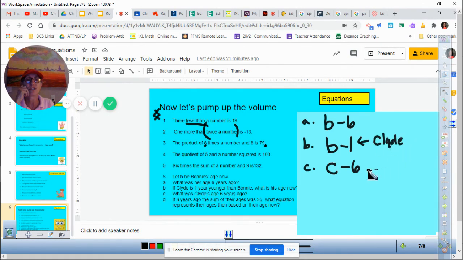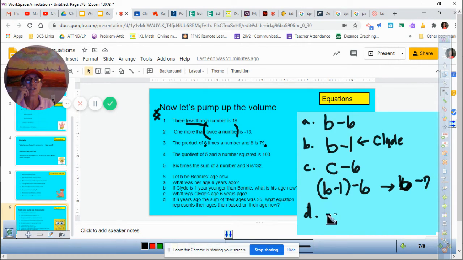So instead of saying Clyde, we could say B minus 1, because that's Clyde, minus 6. All right? Which, of course, we can write as B minus 7.